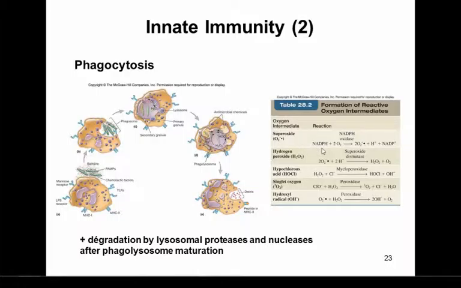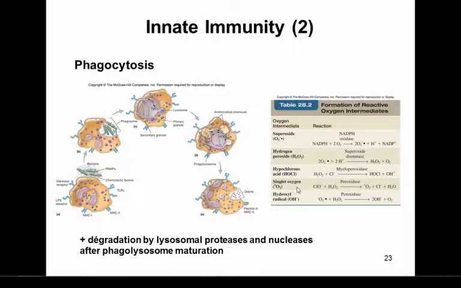Glycolytic metabolism ramps up. The Krebs cycle ramps up in phagocytes after phagocytosis. It gives you a lot of NADPH, and this supplies the electrons to produce all of these different reactive oxygen intermediates through the actions of these enzymes: NADPH oxidase, superoxide dismutase, myeloperoxidase. So you get hydrogen peroxide, hypochlorous acid, singlet oxygen, and hydroxyl radicals.